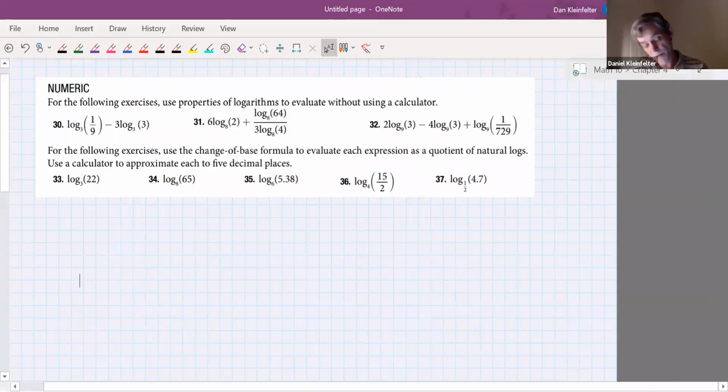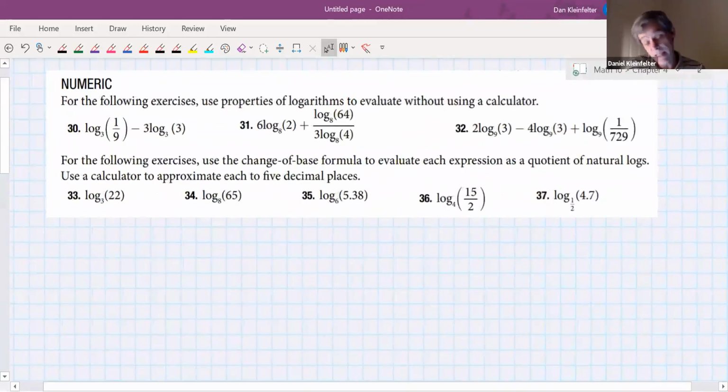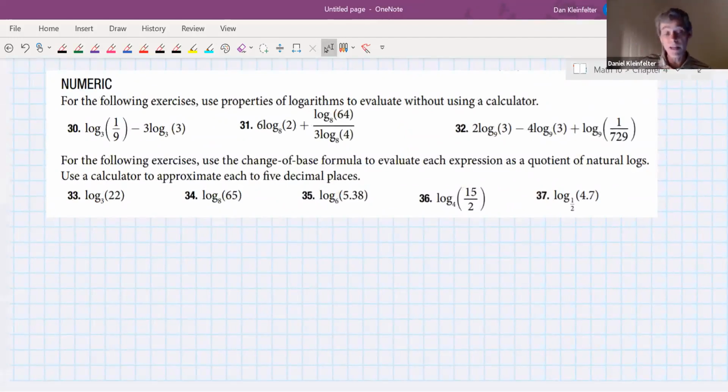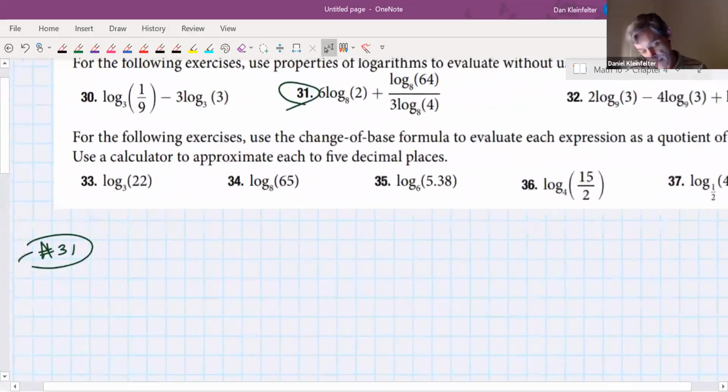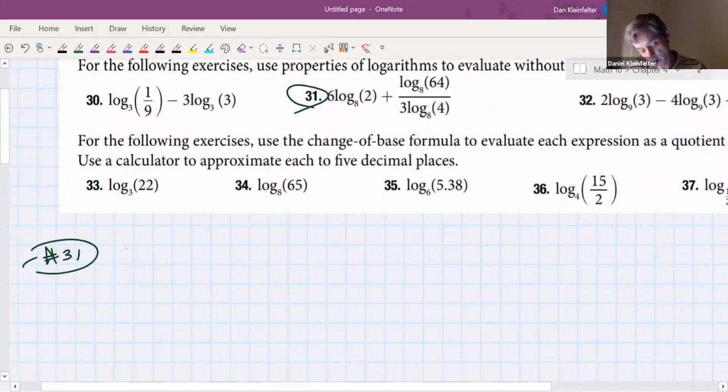So here in 30 through 32, it says for the following exercises, use properties of logarithms to evaluate without using a calculator. So let's try 31. Let's do 31 first. Okay, so this is 6 log base 8 of 2. Let me just rewrite it down here first.